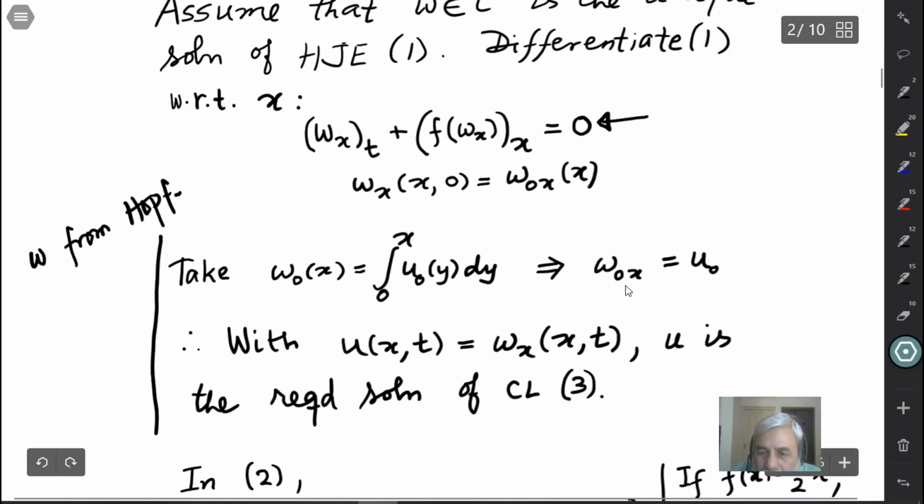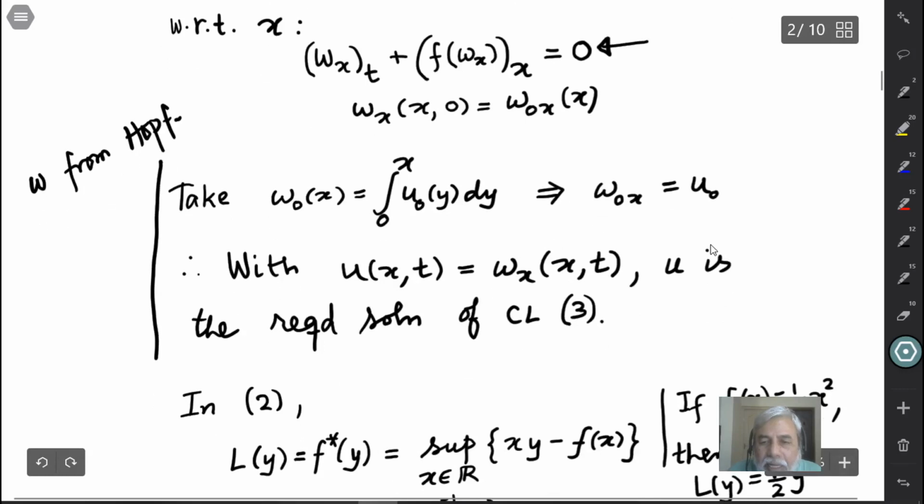That in turn implies the first derivative of w0 is u0. This we have to elaborate a little bit, because u0 is not a continuous function, it's only a bounded measurable function. In what sense this is true, we'll see in due course.